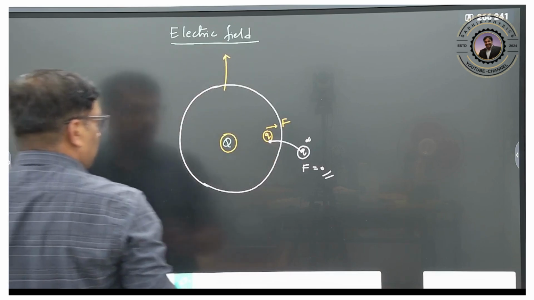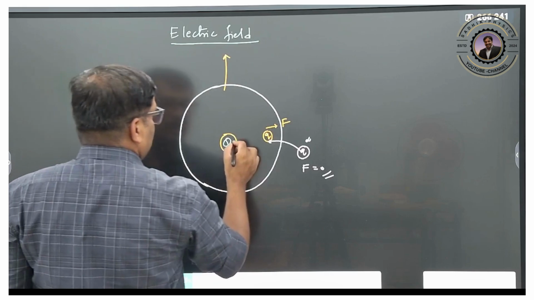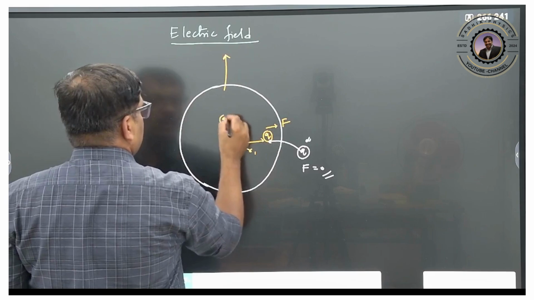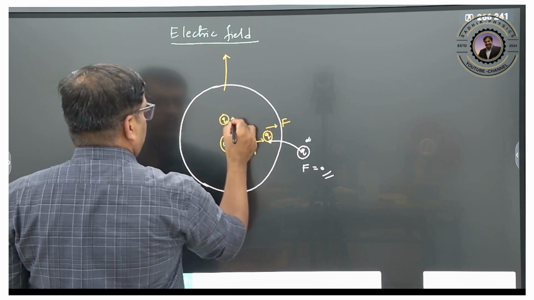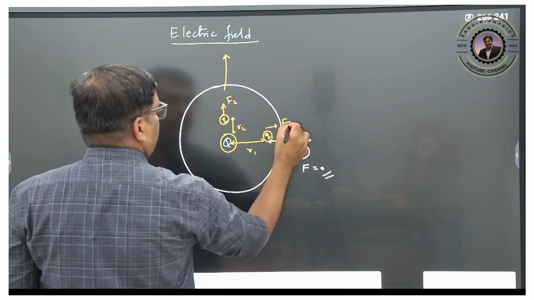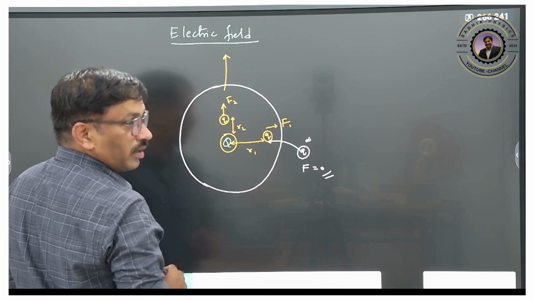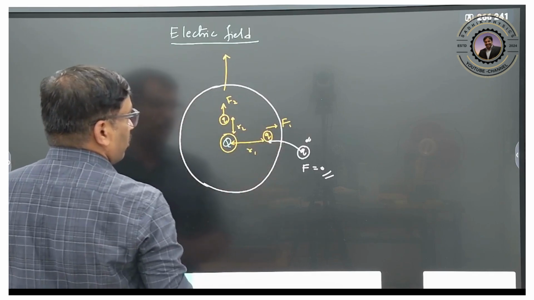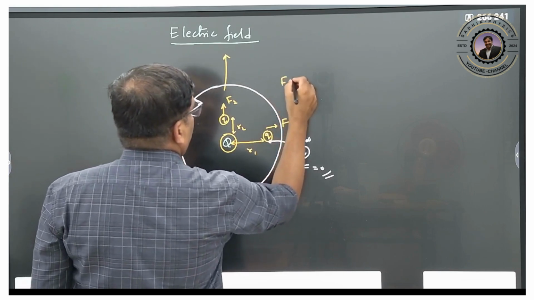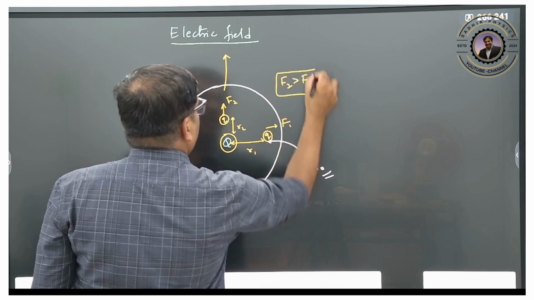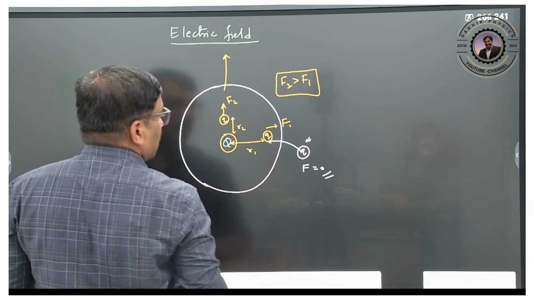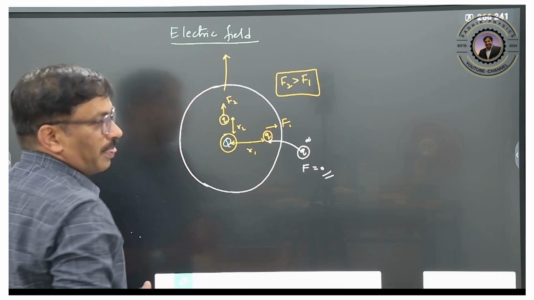Now try to see: suppose a charge is at distance R1, and another charge is very near at distance R2. Tell me, which force is greater, F2 or F1? This charge is very near, so F2 is greater than F1. When the charge is near, it experiences a greater force; when it is farther, it experiences less force.